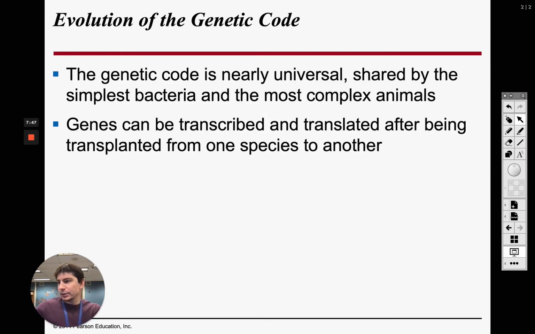Okay, so that's it with coding, guys. We're going to go over how transcription and translation happens, but that stuff there is just how you code getting from DNA to mRNA to an amino acid. The two main things to look out for when coding is, are they giving you the template strand or are they giving you the coding strand?